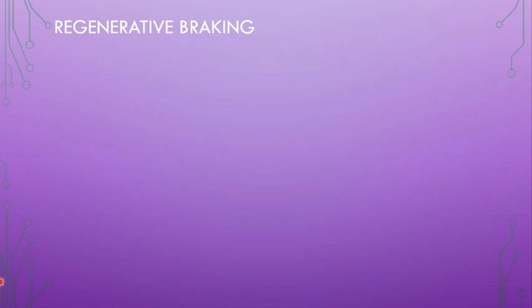Basically, in this mode the motor will work as a generator. So we have to shift to the generating mode rather than braking mode, and whatever kinetic energy is available, we have to convert it back to electrical energy.